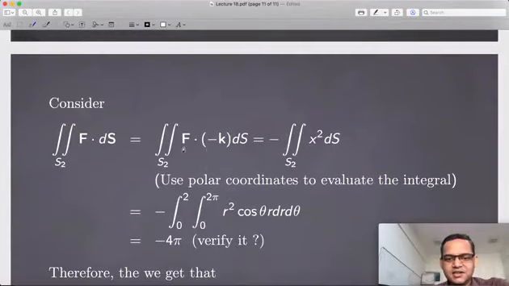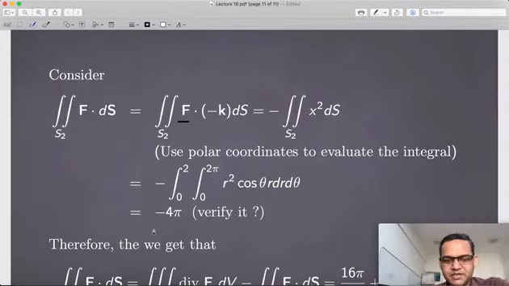So F dot minus k is just going to be negative of x square. You go back to the form of this vector field and only the z component is going to come in, and just substitute things. So this is a disk of radius 2 and you get this integral. Please verify it.